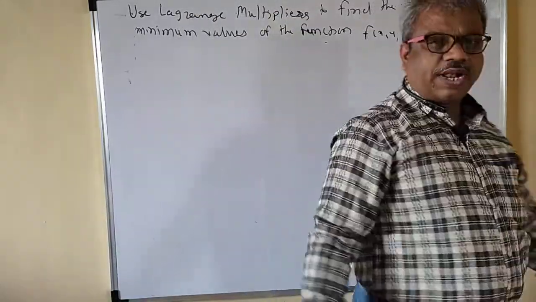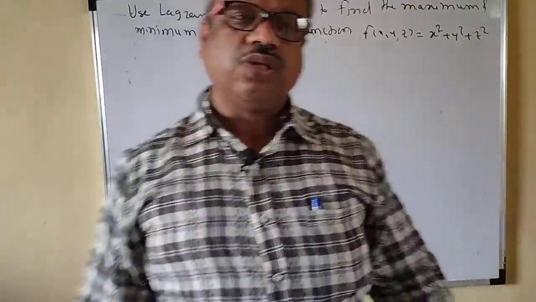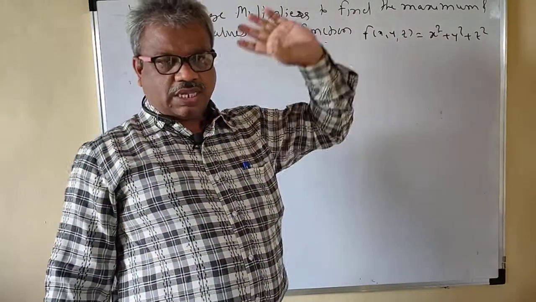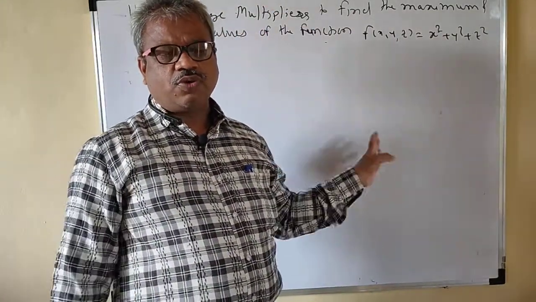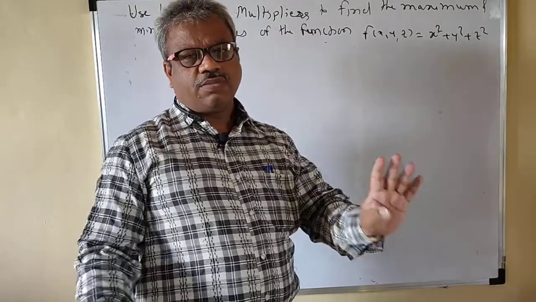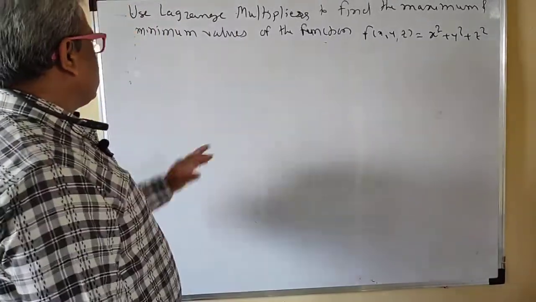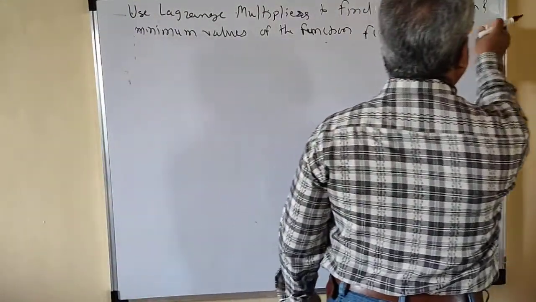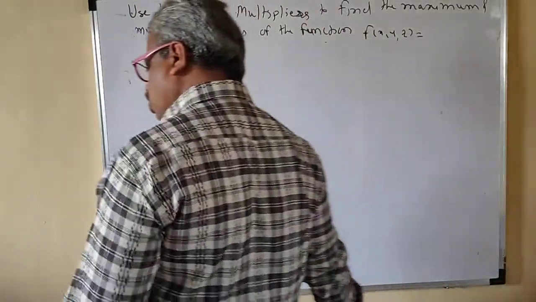So without finding that A, B, C also, you can conclude that whenever your x, y, z increase, then your function also increases. Therefore, f of 4, 4, 4 is the minimum value. So no need to find actually the values of A, B, C, delta, and so on.